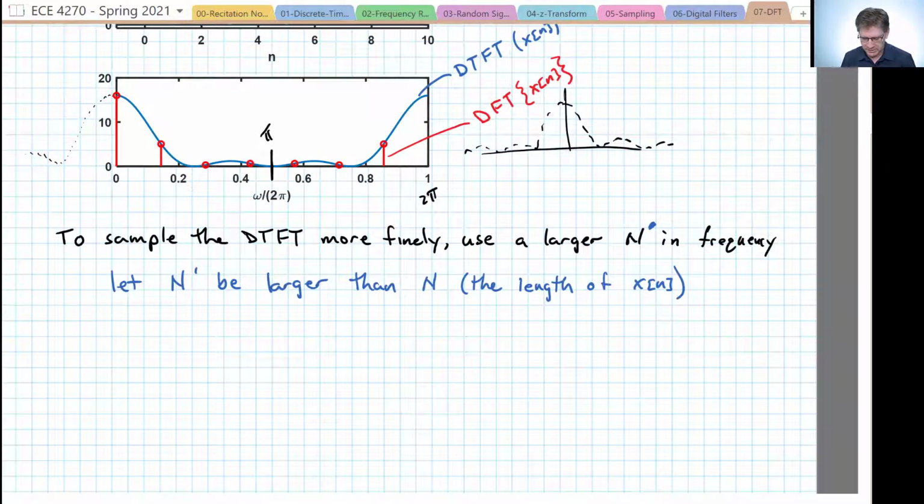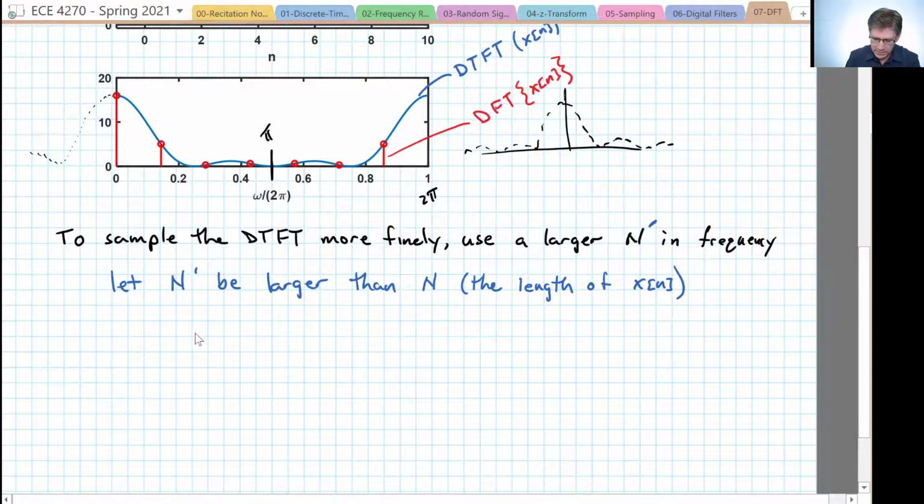Okay, let me see if I can explain this more clearly. We have a value N that describes the length of x. And we used that same value of N when we sampled our DTFT. We said omega k was equal to 2 pi over N times k.